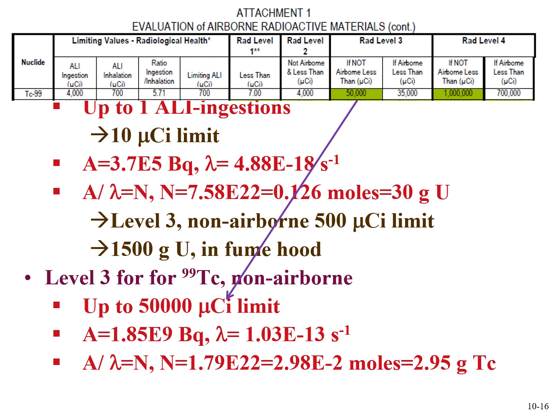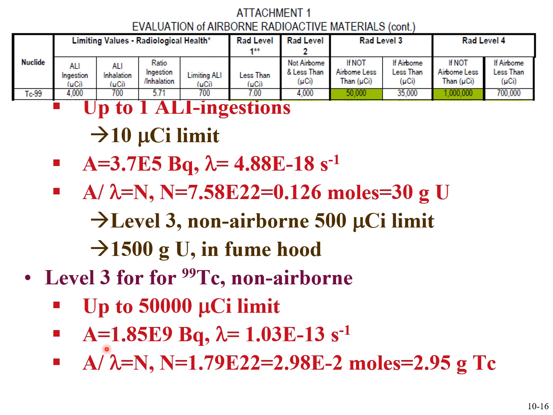One of the reasons that the ALI limit is so high is also coupled with the biological behavior of technetium as pertechnetate. Ingested, it is readily passed, which is one reason that it's used in radiopharmaceuticals. So we can see that we have a value of 50,000 microcuries. We run our calculation.